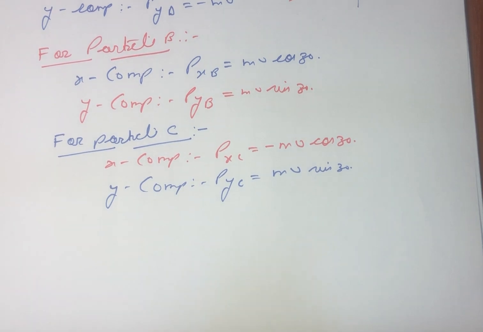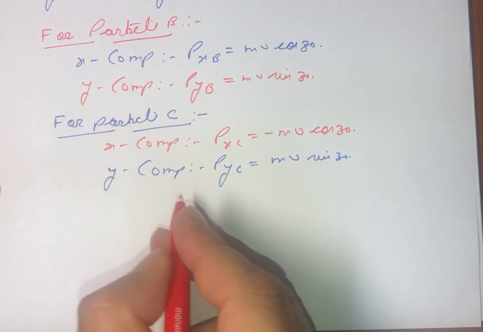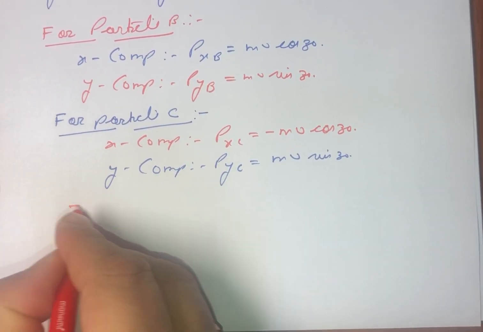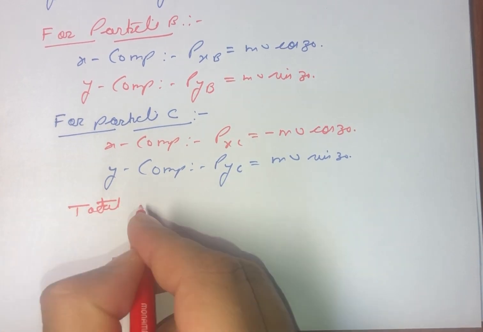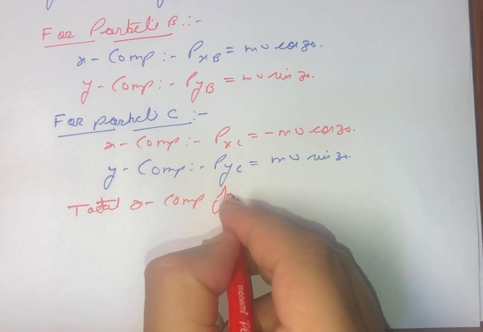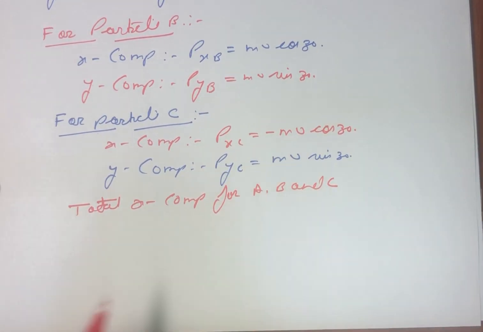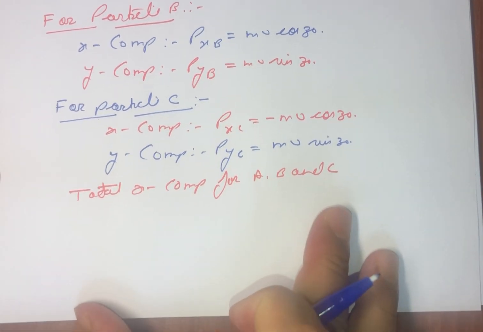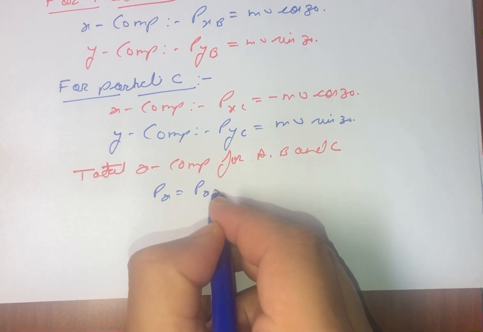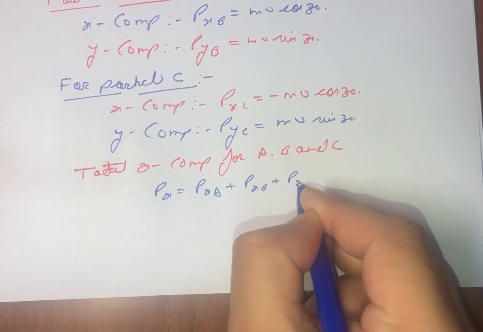Now we can say that the total x component for all the particles, for A, B and C, let us call that px, which will be pxa plus pxb plus pxc.